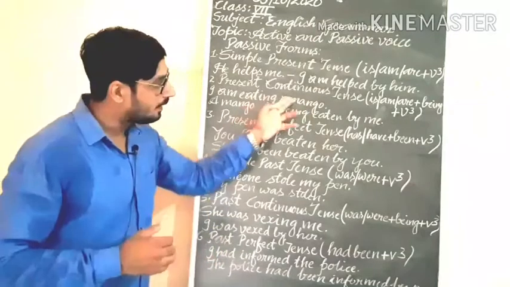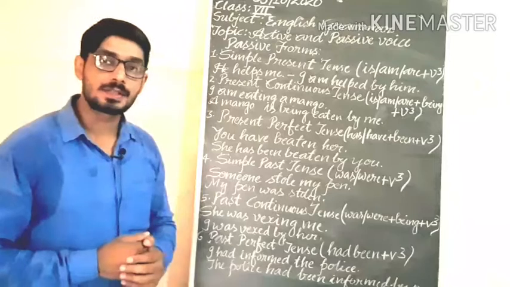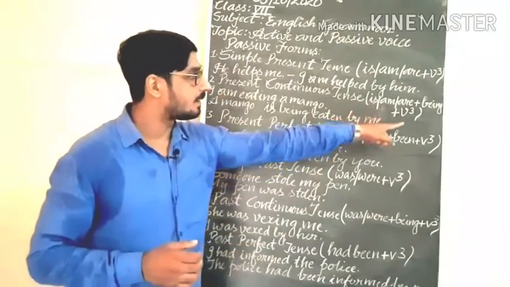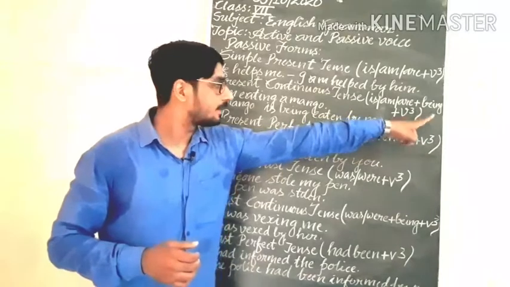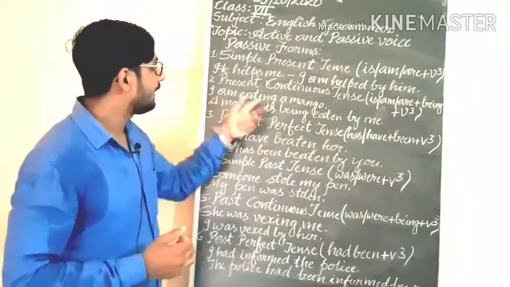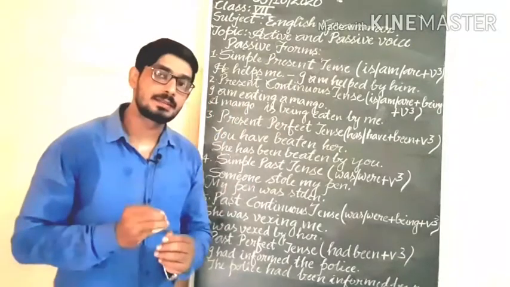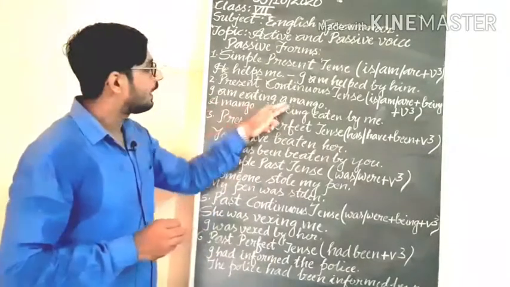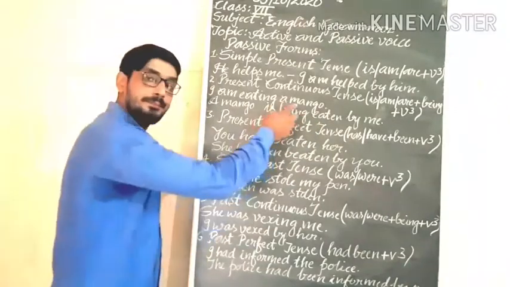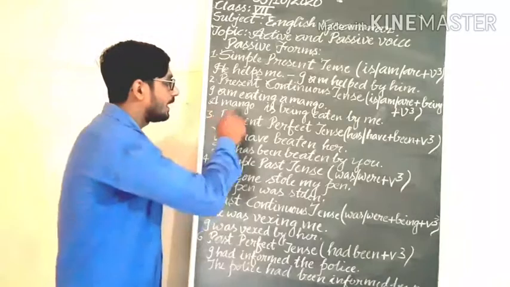Afterward, present continuous tense. In present continuous tense in passive form, we will use is, am, are plus being plus main verb third form. I am eating a mango. In this sentence, the subject is I and a mango is the object. So first we put the object in passive voice: a mango.